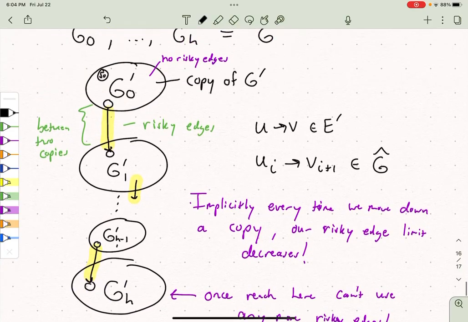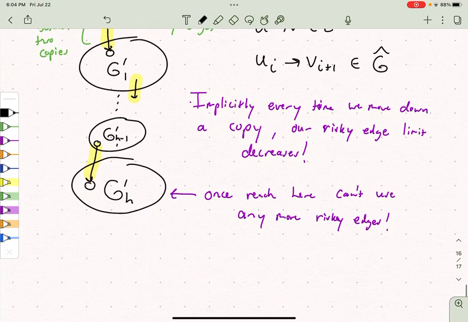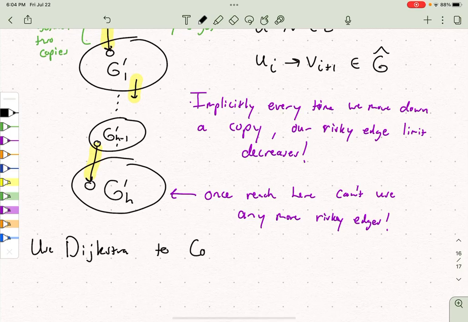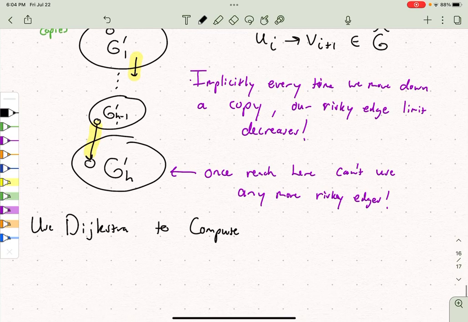Okay, so now what are we going to do? Well, we're going to use Dijkstra to compute the distance function from S0 to everything else in G hat.